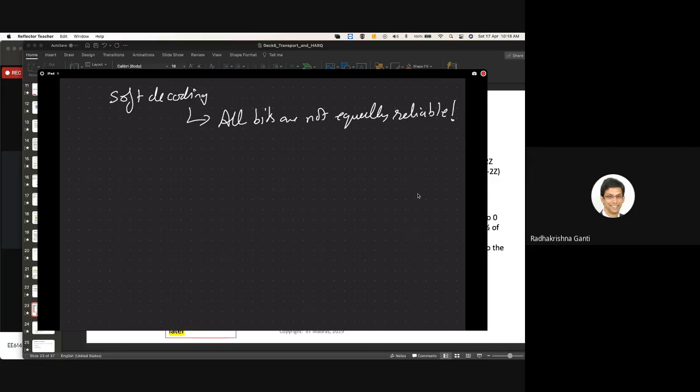What does the statement mean? Let's just take BPSK, where you map 0 to -1 and 1 to 1. These are bits, these are constellation points. So if you look at the constellation points, you'll have 1, you'll have -1.